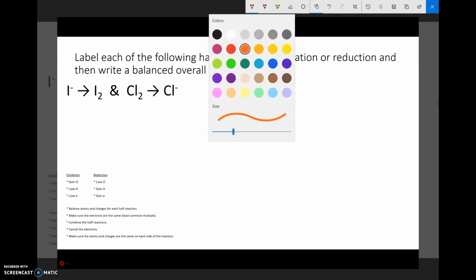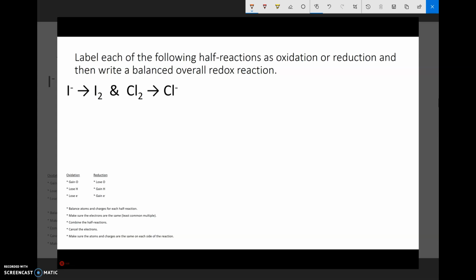Okay, now let's go ahead. So right here we've got 1 iodine, 2 iodines. We're going to put a 2 in the front. Now we have a 2 as our coefficient and a -1. Remember, when we're doing these balancing, we have to multiply. So this overall has a -2 charge. Over here, we have an overall of a 0 charge.